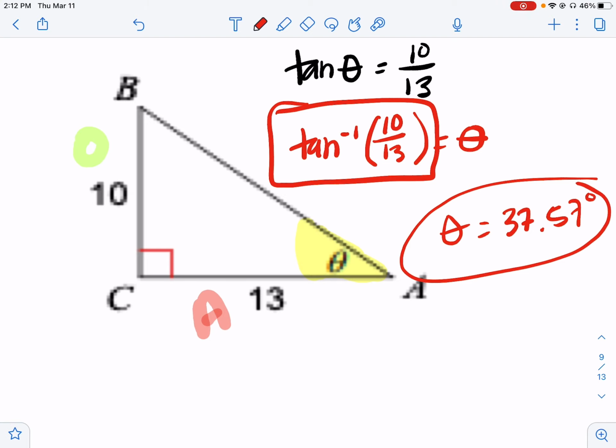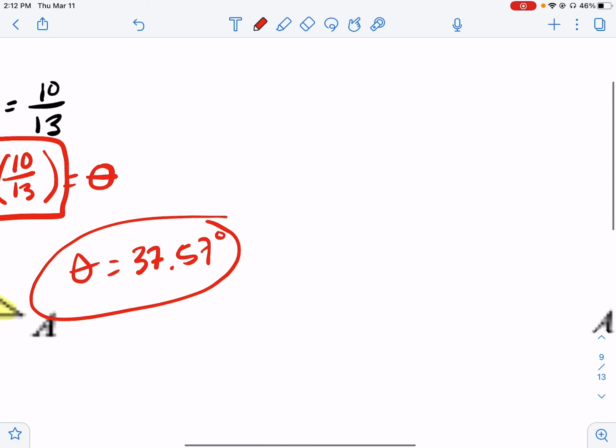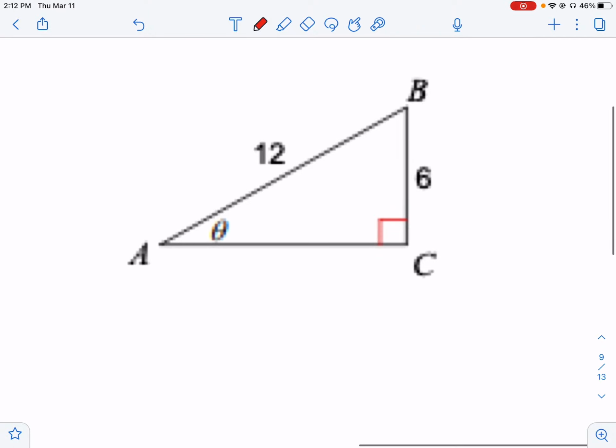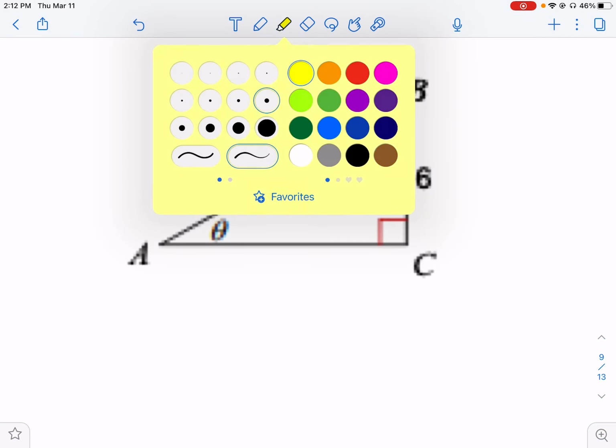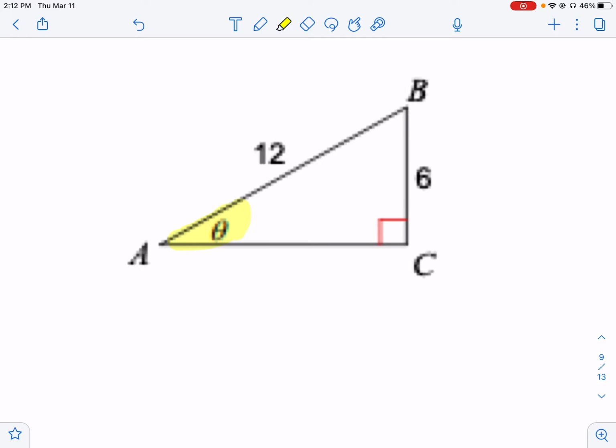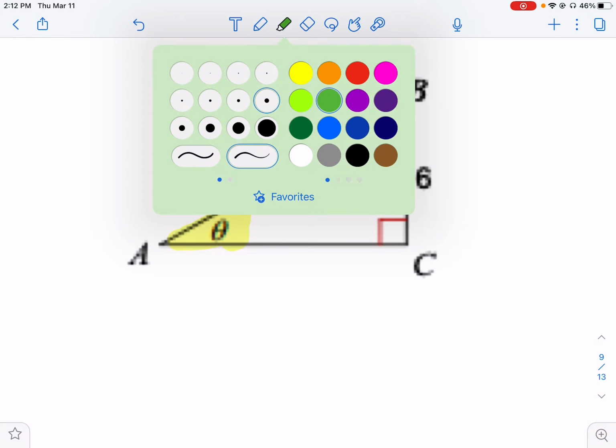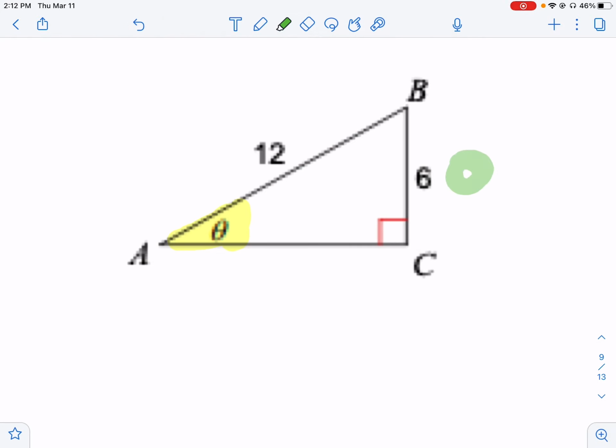I have one more of these before we move on. Same thing. We're going to look at the angle given, figure out what sides we have. So we have our opposite, we have our hypotenuse. Well, that is SOHCAHTOA. So I would say that the sine of theta is 6 over 12.